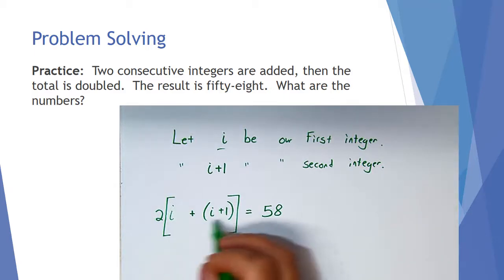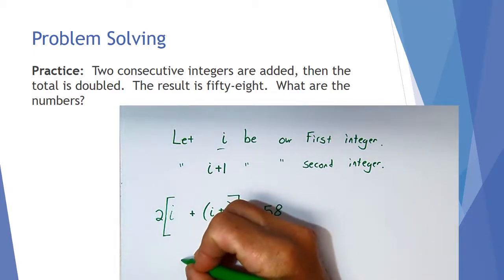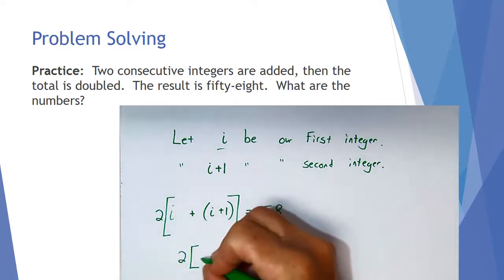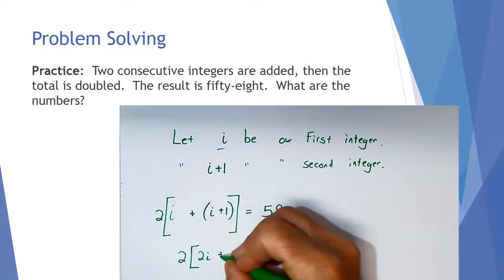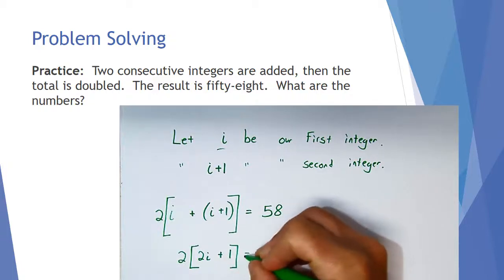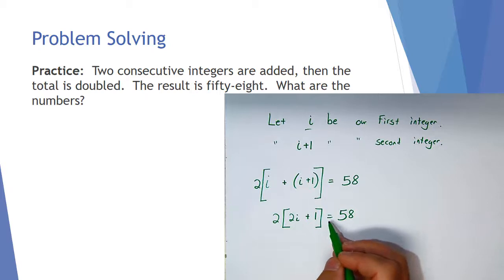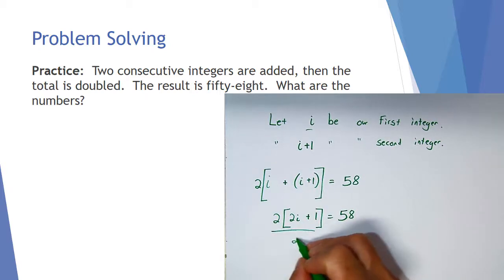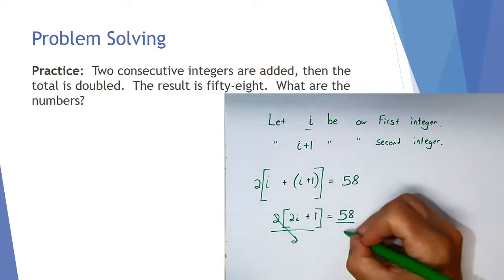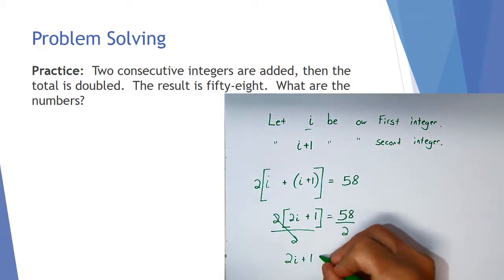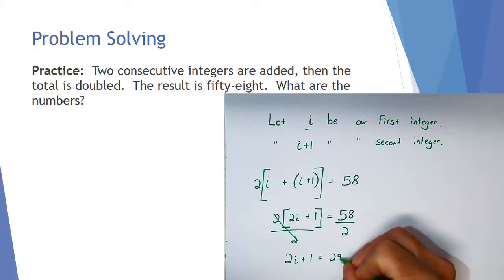Okay, let's combine some like terms inside the brackets here. We have I plus I plus 1, that's really 2I plus 1 inside the bracket, and that equals 58. Now we could distribute in the 2, or we could just divide it off. If we do that, we get 2I plus 1 is equal to 29.